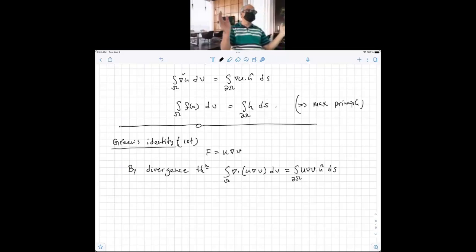So we will be simply thinking of the product rule. So let's recall the product rule.